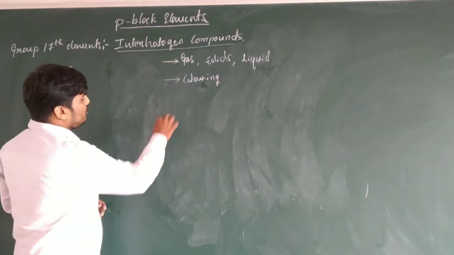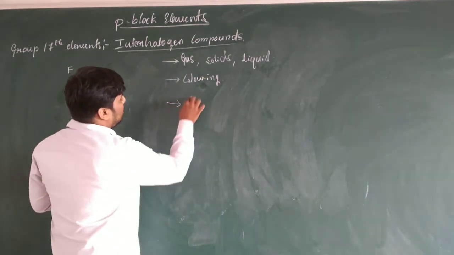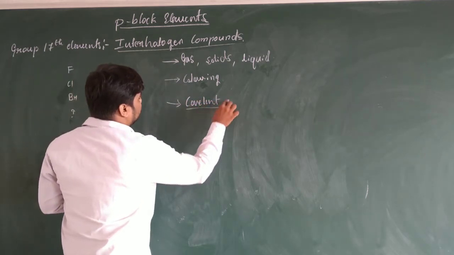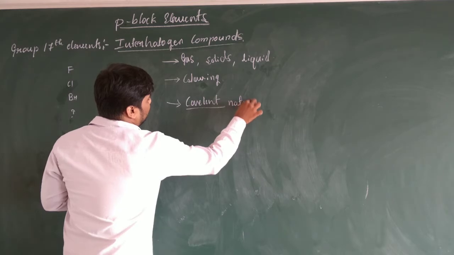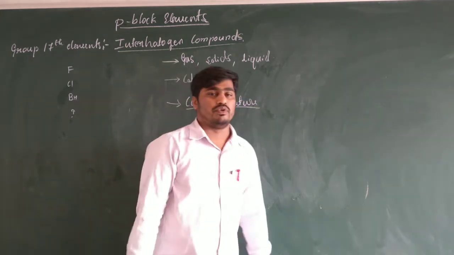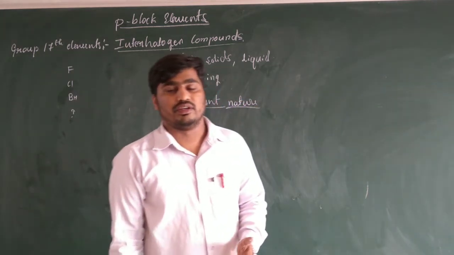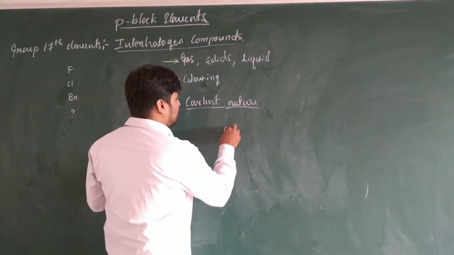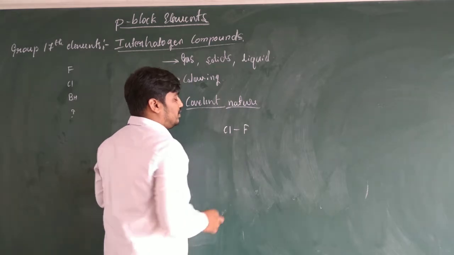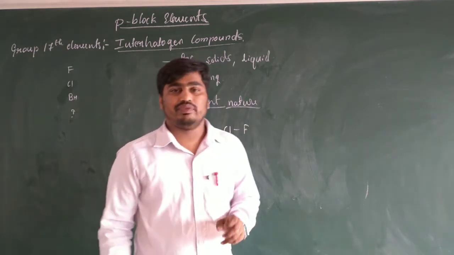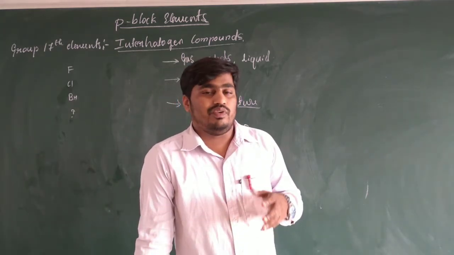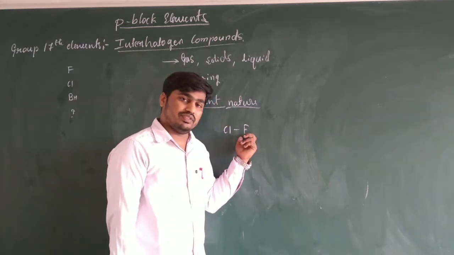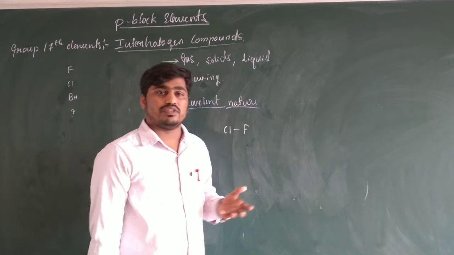Next, the very important thing is that all interhalogens are covalent. All interhalogen compounds are covalent in nature. You can observe here ClF: the electronegativity difference is very small. When the electronegativity difference is small, the compounds are covalent.